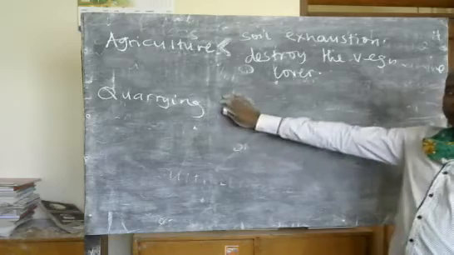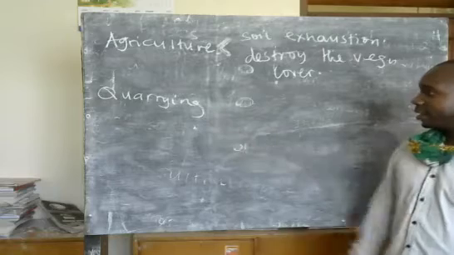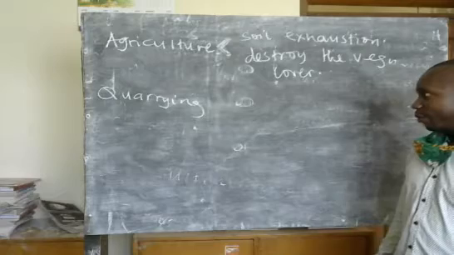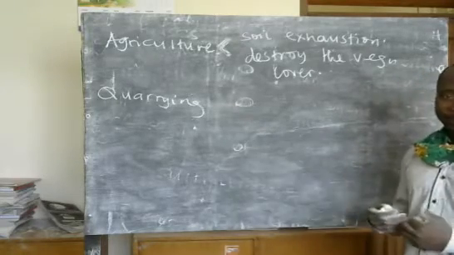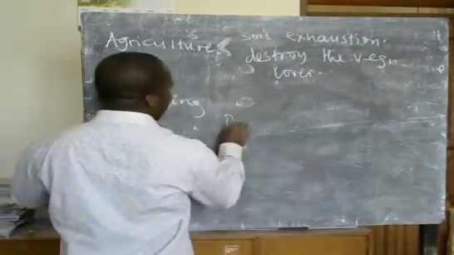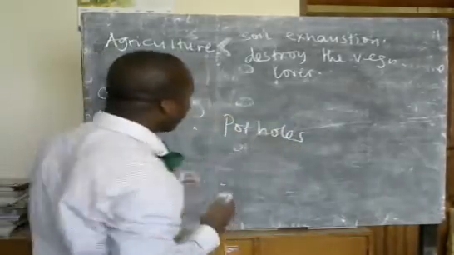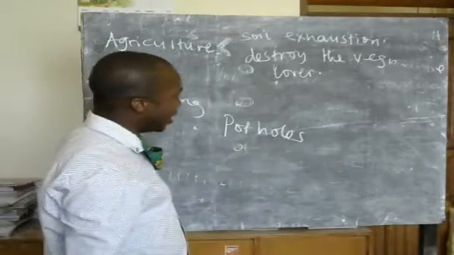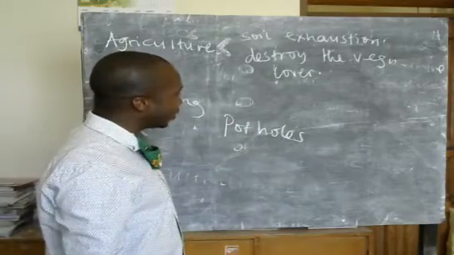Finally, we can look at quarrying, the breaking of the rocks. How may it affect the natural environment? When you break the rocks, you are weakening the rocks. And in the process, you even create potholes. Where you remove the big rock, you leave a hole, and this hole may be a breeding place for disease-causing vectors.